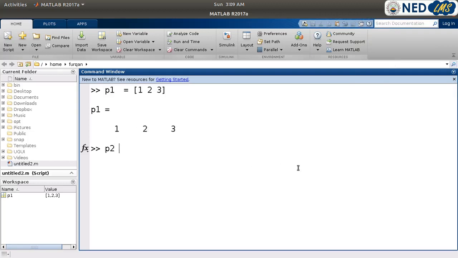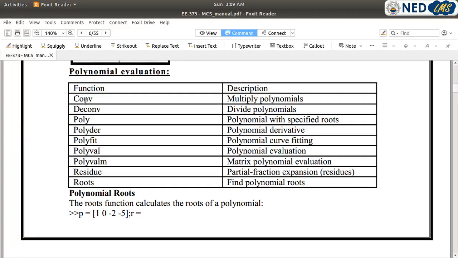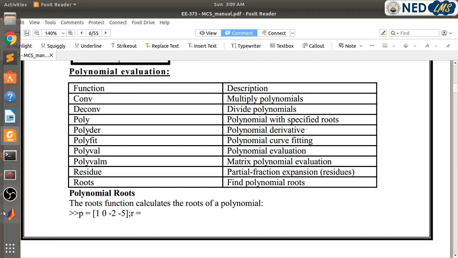Now let's define another polynomial, 4, 5, 6. So the polynomial P2 is 4x square plus 5x plus 6. Now let's execute this command, conv. This is used to multiply two polynomials.